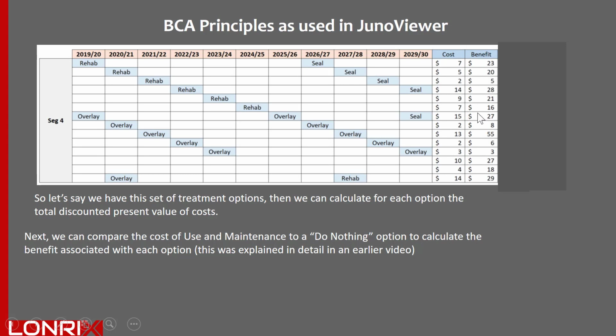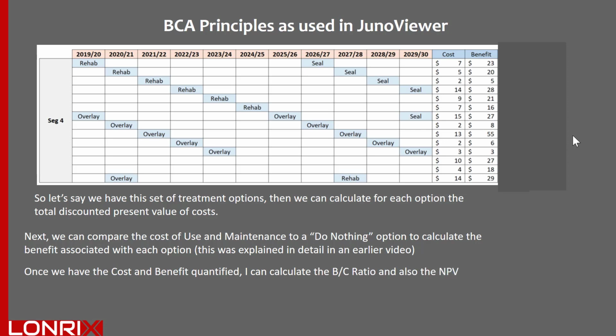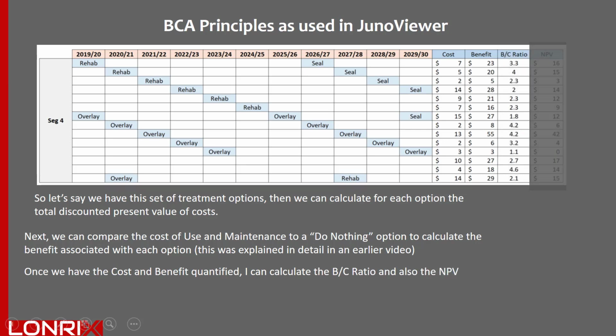So here you can see the benefit and the cost discounted over the modeling period has been calculated. Once we have the costs and benefit quantified, we can calculate the benefit cost ratio and also the NPV, or net present value, where the net present value is simply the discounted benefit minus the discounted cost.